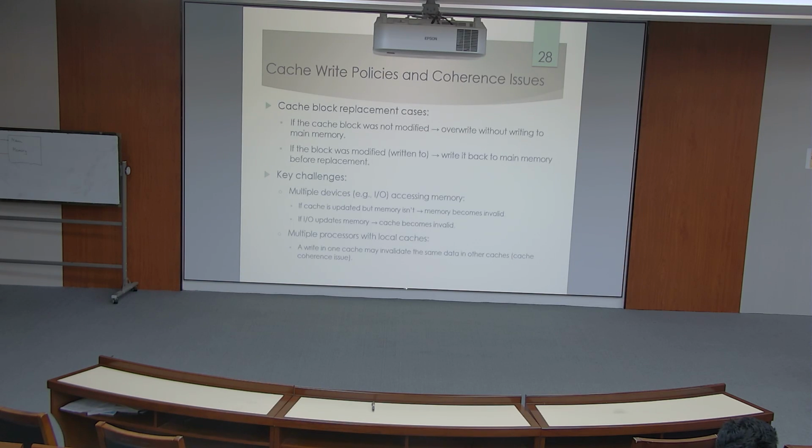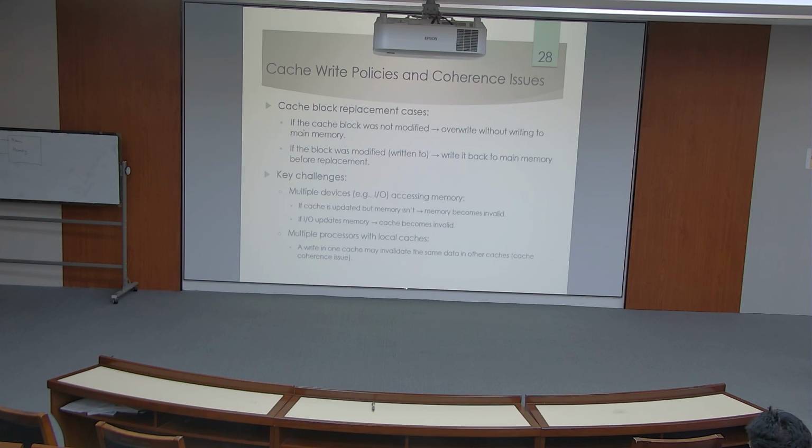Or if the input-output devices update the memory and the cache is not updated for the same copy of the data, that means the cache memory becomes invalid for that copy of the data. Now, for multiple processors, we talked about multi-core mania.